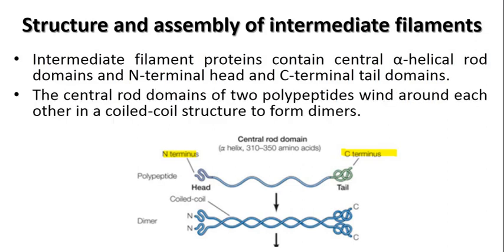The central rod domains of the two polypeptides wind around each other in a coiled-coil structure to form dimers.